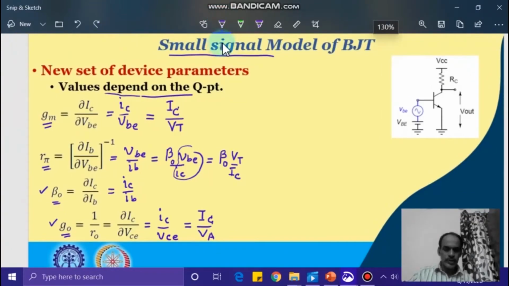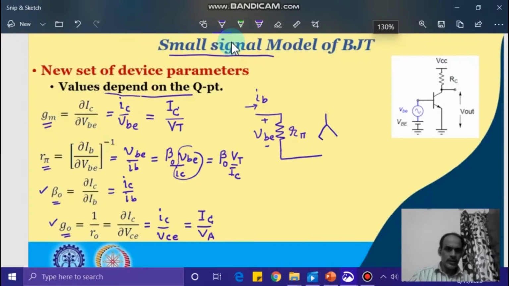Once we have the small signal parameters, they can be represented by a small signal equivalent circuit. Namely, base to emitter we have r_pi, and the current entering the base is I_B. The voltage drop across this r_pi is V_BE. This V_BE, on the other hand, produces a current at the collector terminal.